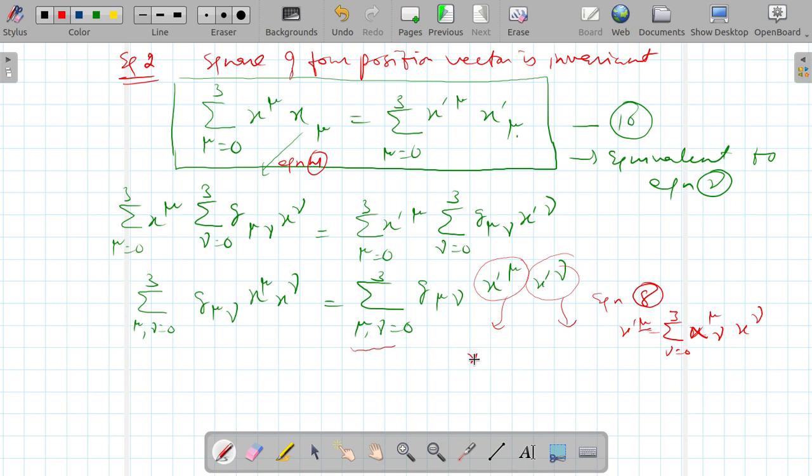So x prime mu can be written as the summation over rho of alpha rho mu x rho, and this summation is varying from 0 to 3.